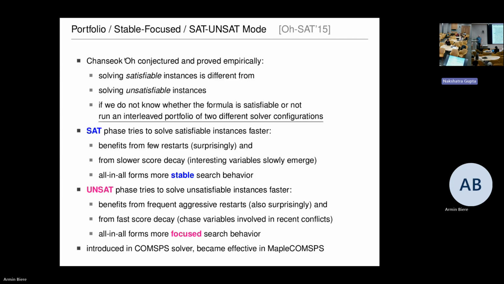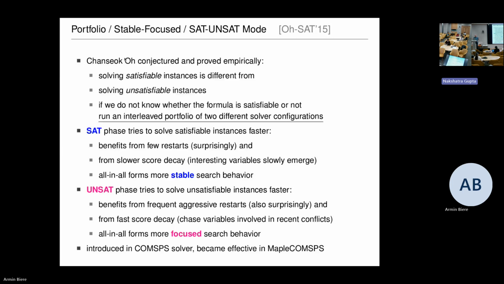And what Chanseok Oh figured out, and this was his conjecture, and he was right: of course, there should be different configurations for satisfiable and unsatisfiable formulas, right? Sounds completely obvious. Then he tried to figure out how to parameterize a CDCL solver so it works better for satisfiable or for unsatisfiable.